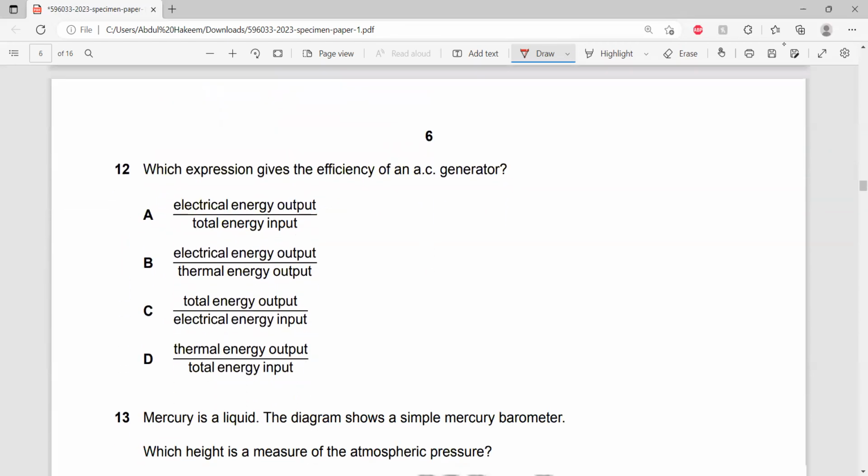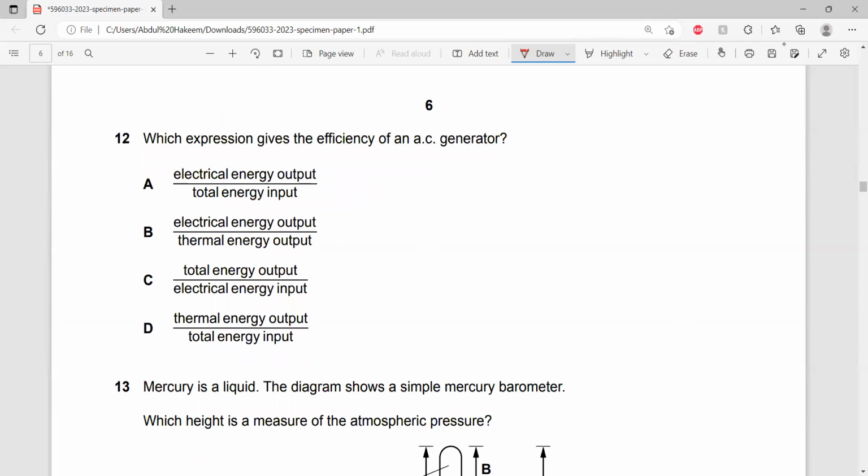And number 12, which expression gives the efficiency of the AC generator? Efficiency is output energy divided by input energy. So total input and total output. So A is the answer. Electric energy output divided by total energy input.